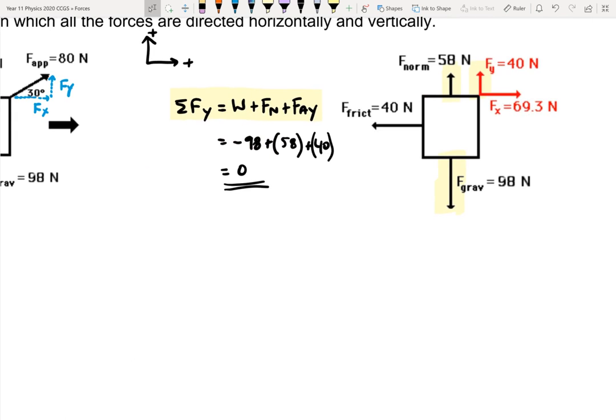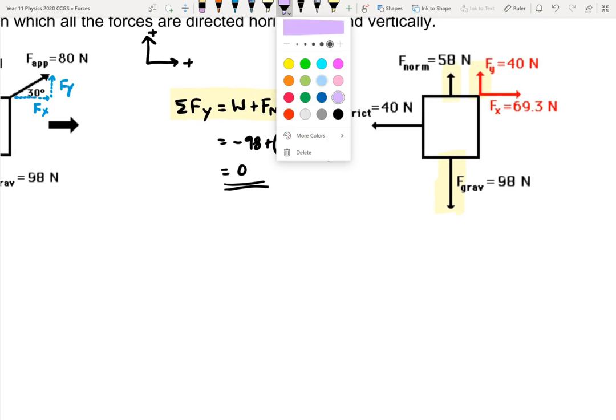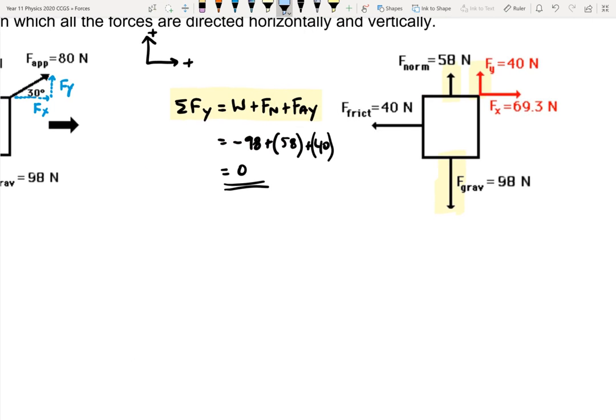But is it accelerating left or right? Let's have a look. I'm now going to analyze the horizontal. We'll say right. We'll just assign right as the positive. So sum of all forces in the x equals, we'll go F friction plus FAx.